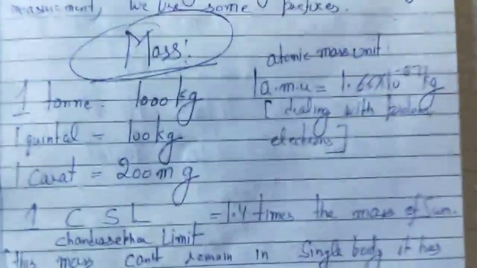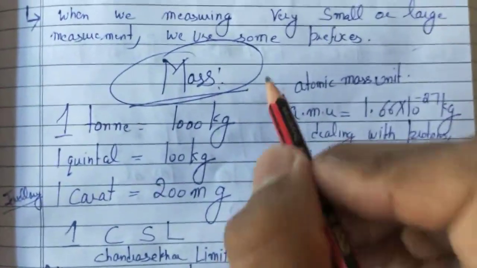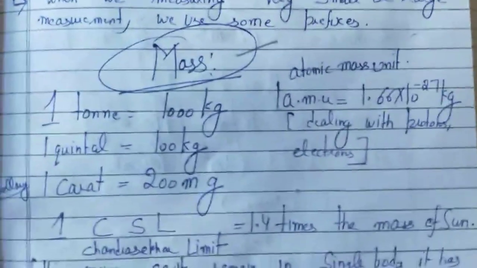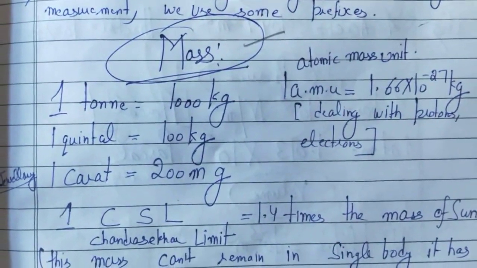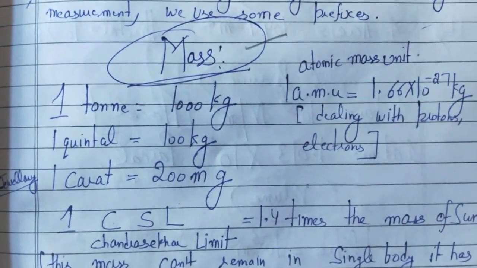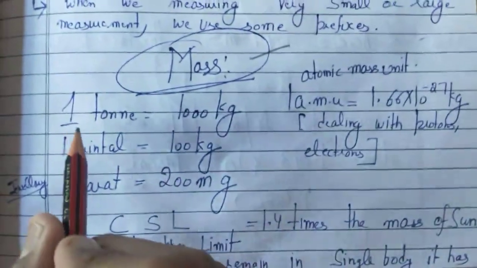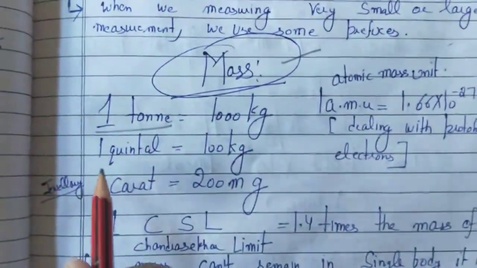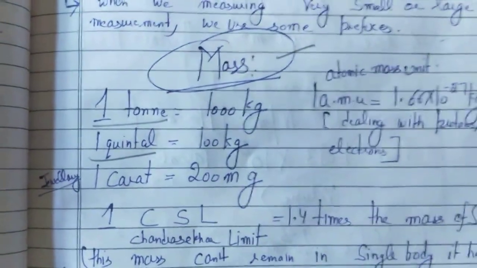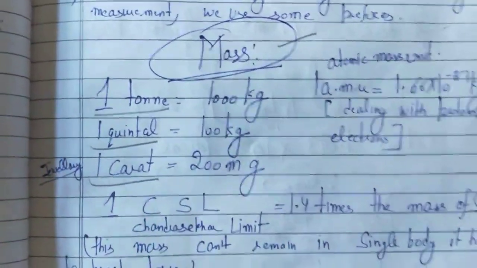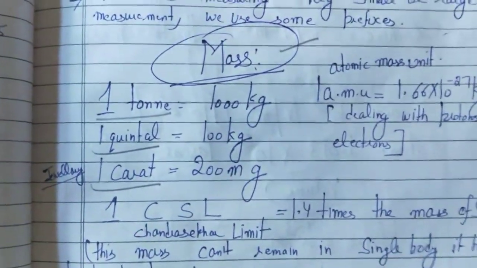Now we are moving to the practical units of measurement in case of mass. Suppose we are loading some quantity on a truck. We can't say we are loading in terms of kg or gram. So in the truck case we use ton. We are loading weight on a trolley, so we can use the quintal concept. Jewelers making ornaments use carat.